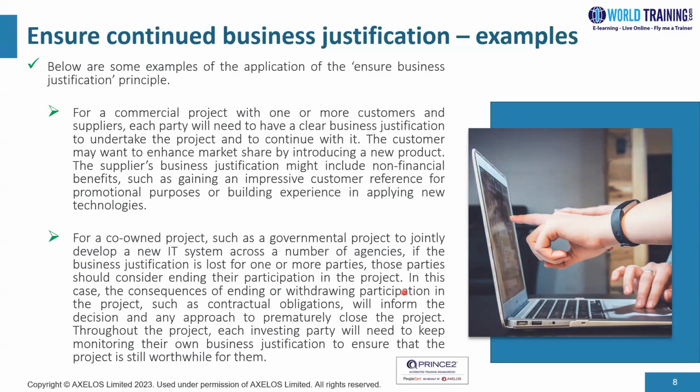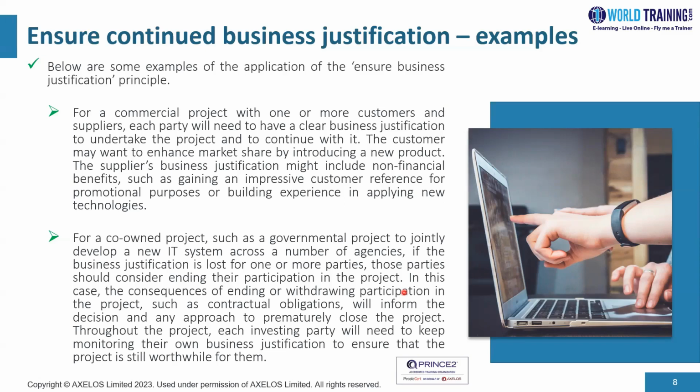Another example, for a co-owned project such as a governmental one, to jointly develop a new IT system across a number of agencies. If the business justification is lost for one or more parties, these parties should consider ending their participation in the project.